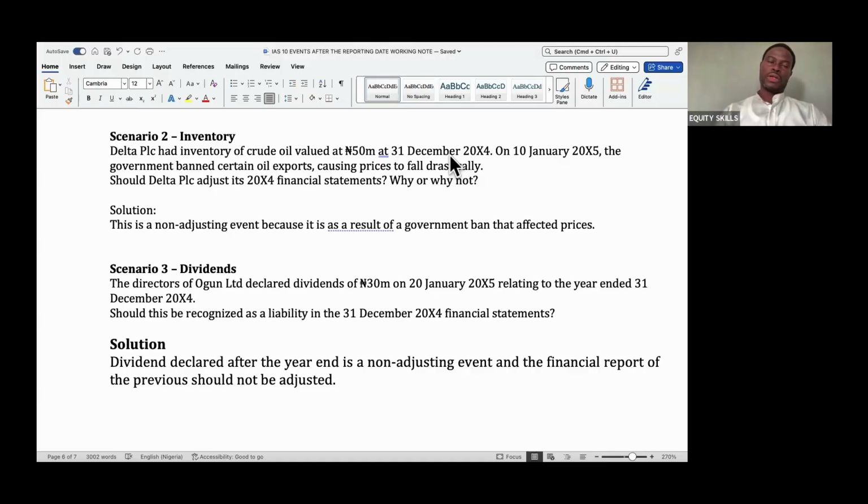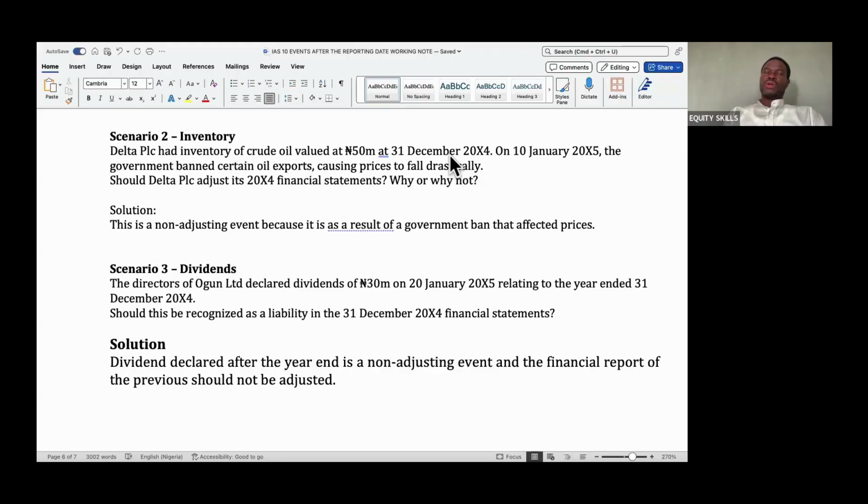Yeah, so what changed is that before, when a dividend was proposed, we didn't usually recognize it; they put it in the report as just a proposal.